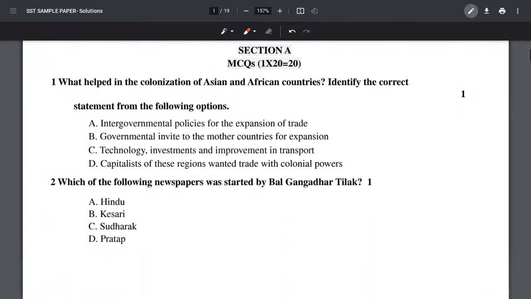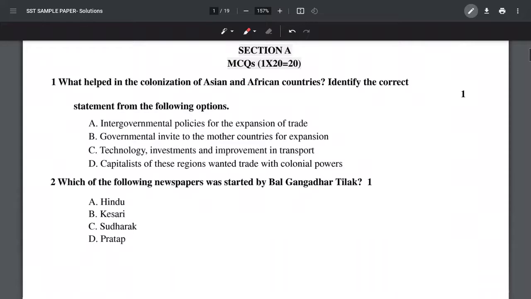First question: what helped in the colonization of the Asian and African countries? Identify the correct statement. When the colonization occurred in both Asia and Africa, which is the correct thing among these statements?